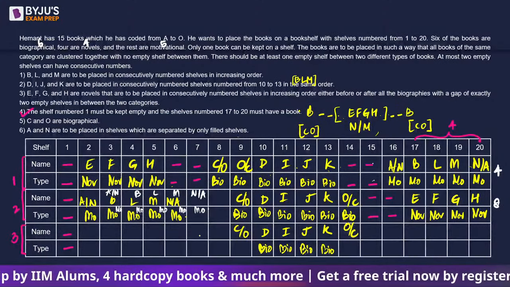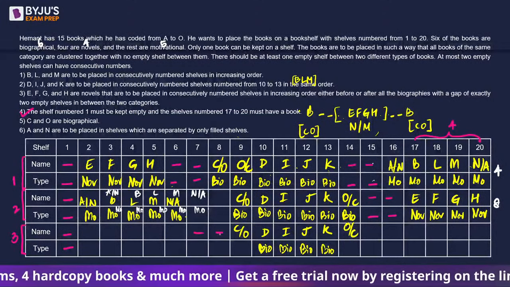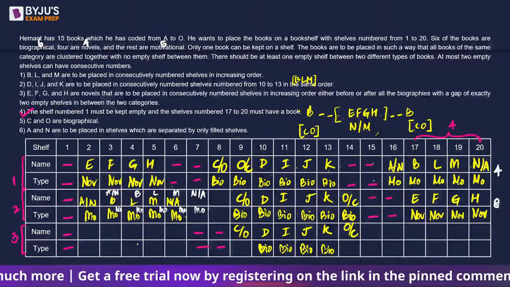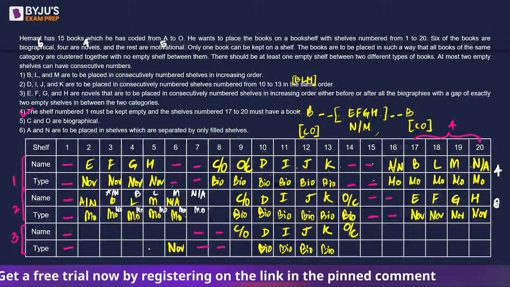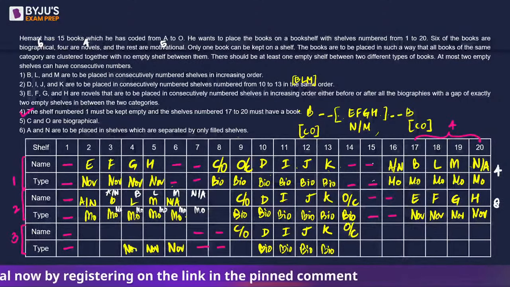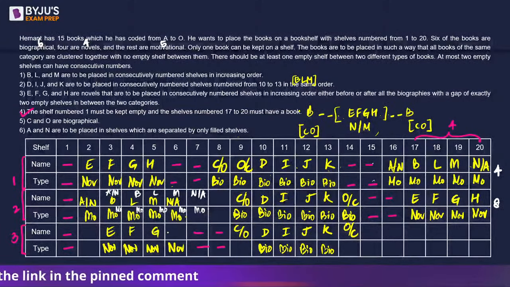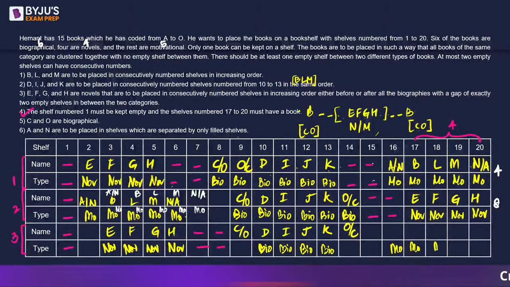So we will have 2 blank spaces between biography. I'm putting novel before it. So we will have 4 novels. These 4 novels will definitely be EFGH. And after 1 blank space, we will have motivationals. This one is going to be biography.